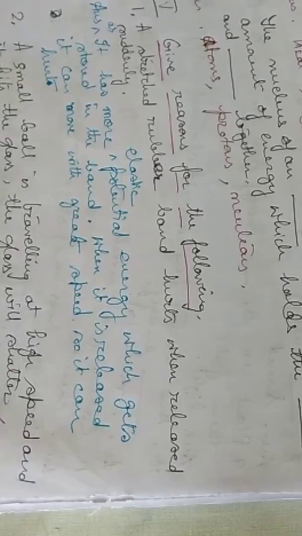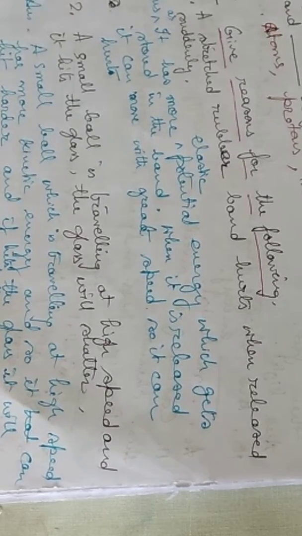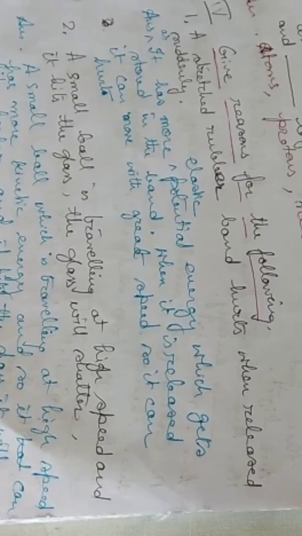Now give reasons for the answer. A stretched rubber band hurts when released suddenly, as it has more elastic potential energy which gets stored in the band. When we are stretching the rubber band, we are applying some force on it. So from our energy, we are working on the rubber band.